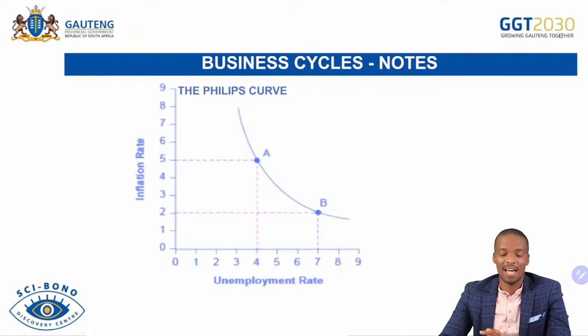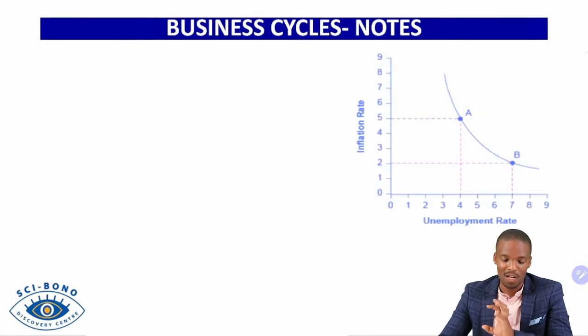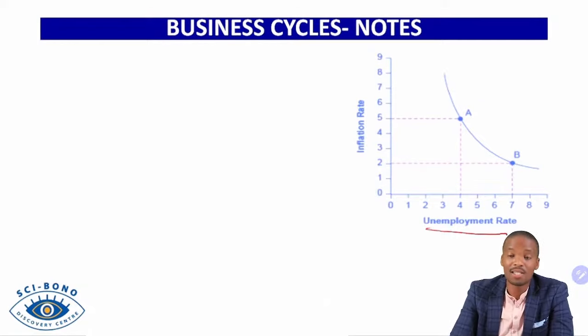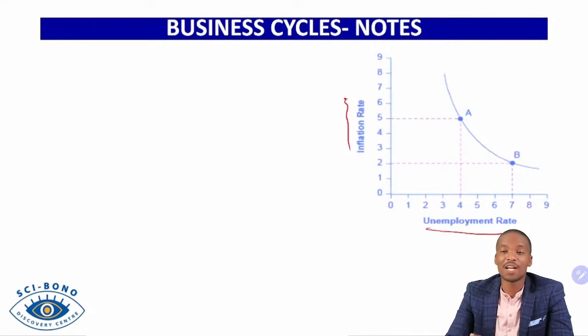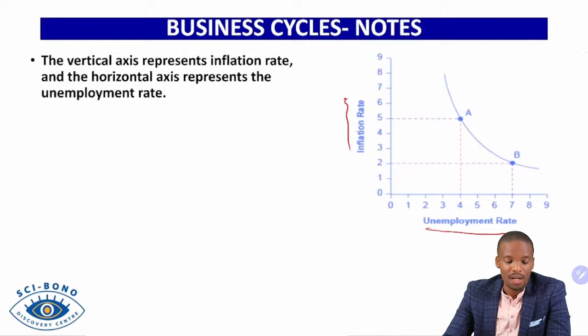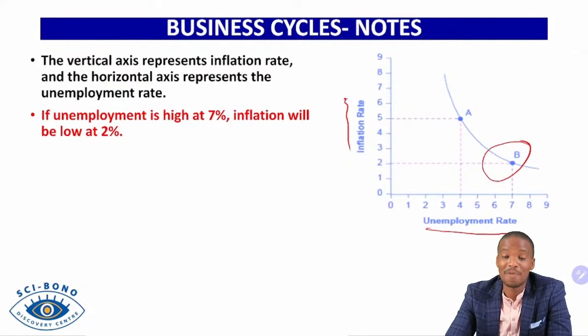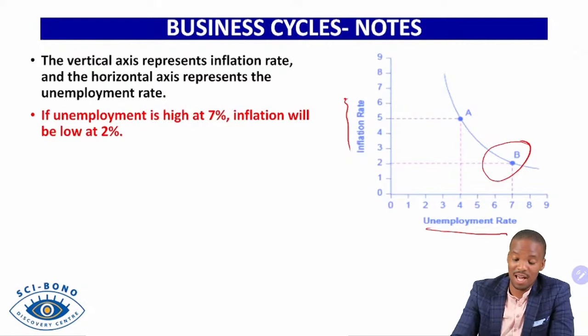Let's explain that with the aid of a graph. You draw your graph again, economics learners. On the x-axis, always represented by unemployment rate. And then on the y-axis, that shows your inflation. So unemployment, if it is at point B, which is 7%, we can see that inflation starts to kick in from 0.